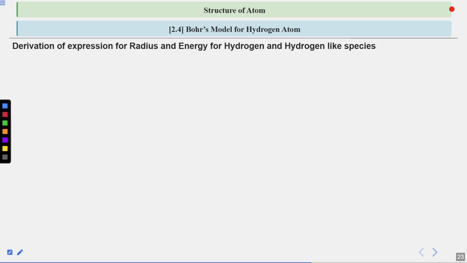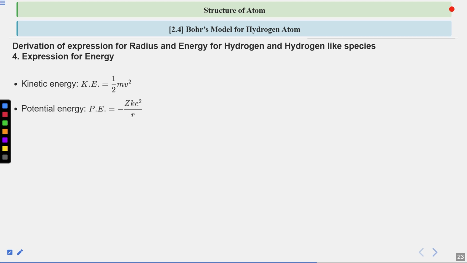Next thing is the calculation for energy. We know that the kinetic energy is given by half m v square. And here the potential energy is what? It is simply the electrostatic force of attraction. So there are two energies in the total energy, which are kinetic and potential. We have seen earlier that z k e square by r square is equal to m v square by r.